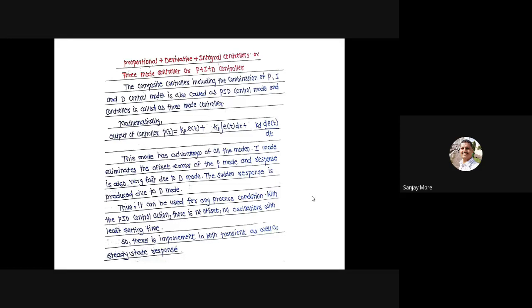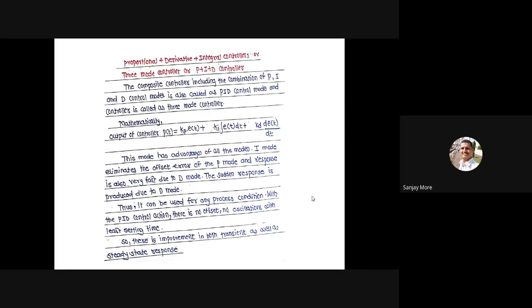P mode gives a very fast response, and D mode produces a sudden response. Full stop and next line.